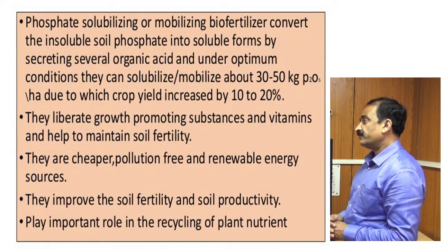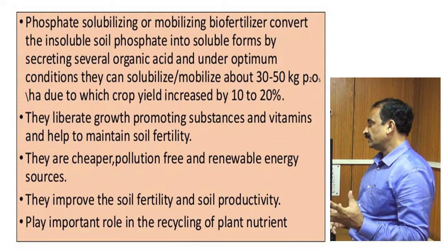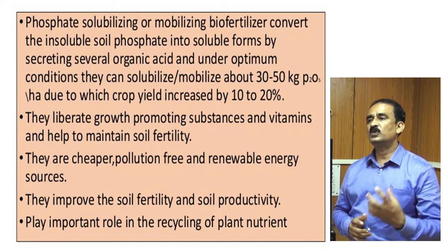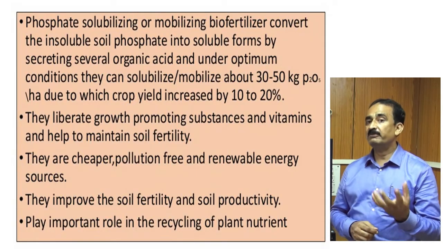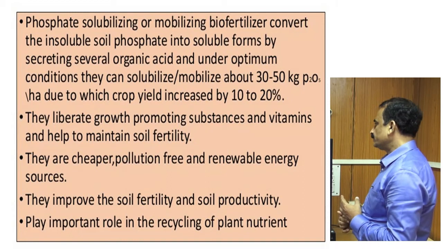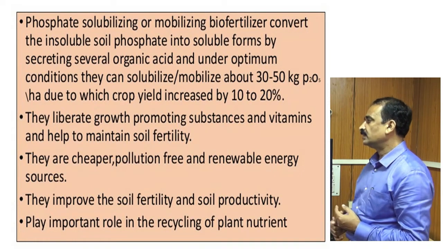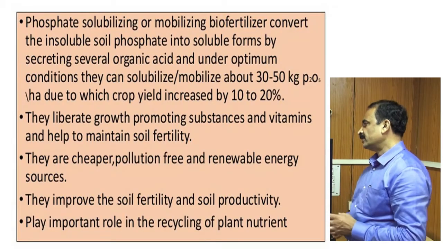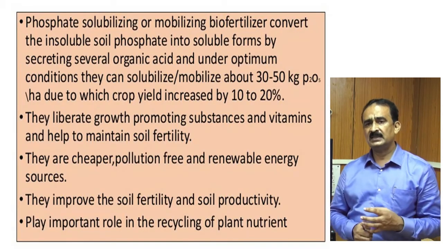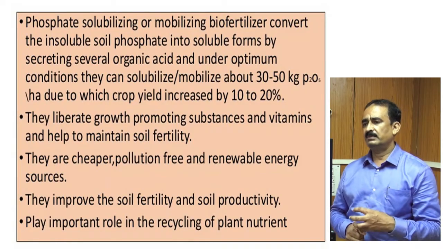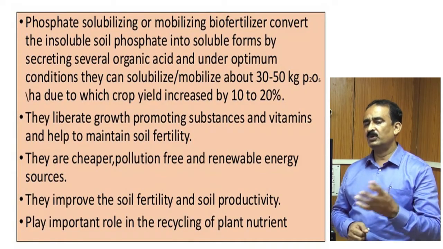Next role is the phosphate solubilizing bacteria, or you can say phosphate solubilizing microorganism. It is of two types. It may be bacteria, it may be fungi. So this phosphate solubilizing or mobilizing fertilizer converts the insoluble soil phosphate. Insoluble soil phosphate means in the form of tricalcium phosphate. It is very less soluble and not available to the plants.